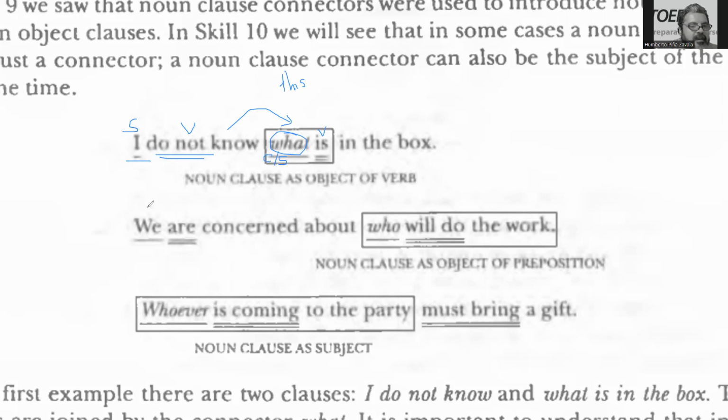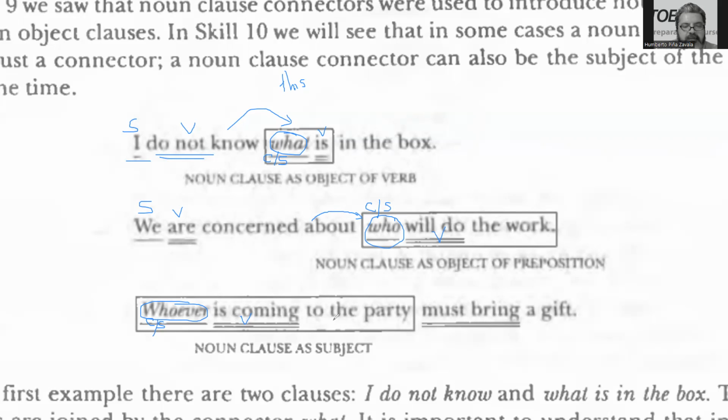Second, we are concerned about who will do the work. Who is a connector, but it's also working as the subject of the verb will do, and the clause is the object of the preposition about. Whoever is coming to the party must bring a gift. Whoever is the connector, but it's also working as the subject of the verb is coming.